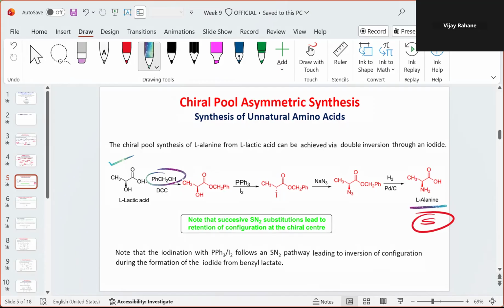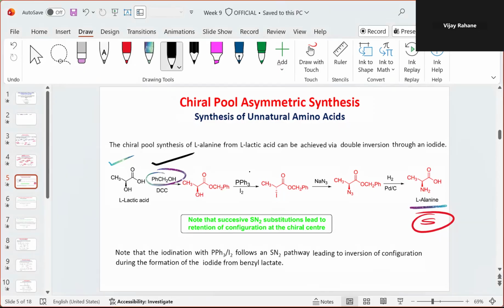This first reaction is the similar esterification reaction which we have seen earlier also.